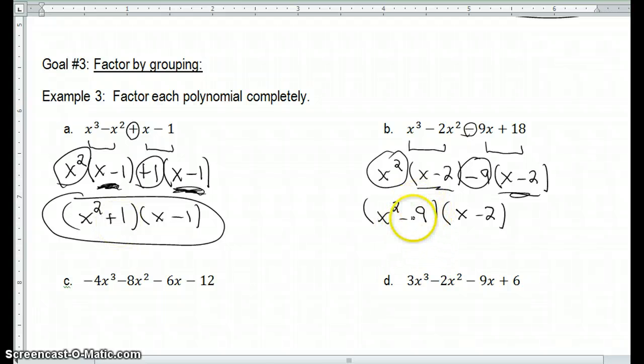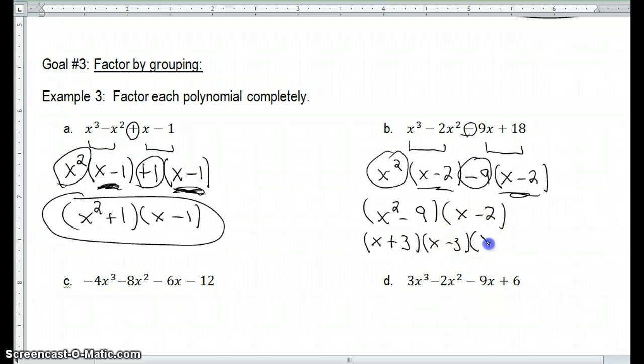As long as this is a perfect square, now some of us realize this pattern goes x plus 3, x minus 3. Or I'm looking for numbers that multiply to negative 9 but add to 0x, because there's really no x term. So 3 times negative 3 will give me the negative 9, but a 3x minus a 3x will give me a 0. So that factors nicely.